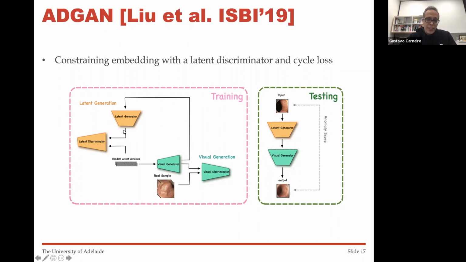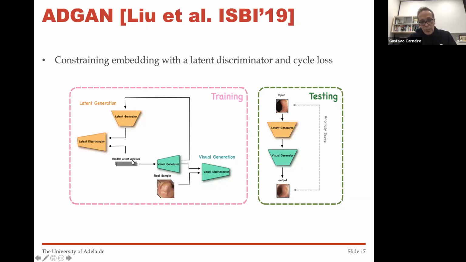And then you have this cycle loss here. We have a discriminator that discriminates between real images and generated images. And then you have latent variables that generate an image, which then goes through the latent generator, from the image to the latent. And then you have a latent discriminator that discriminates between the latent generator output and the random latent variable.